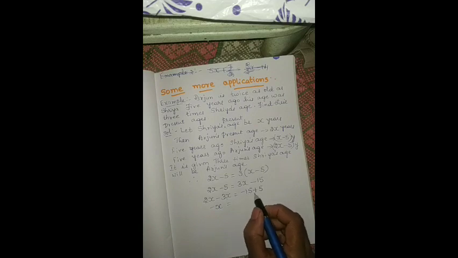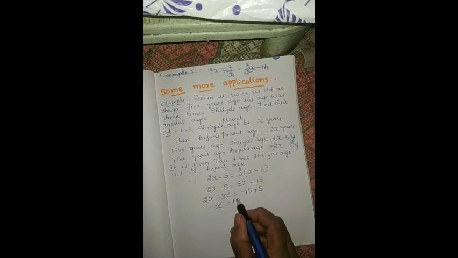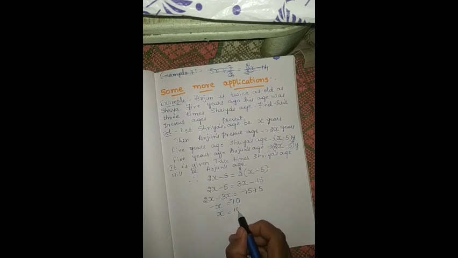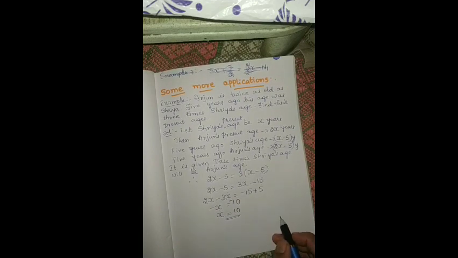Here also we have to subtract the smaller number from the bigger number. So 15 and 5 subtracted, we get 10. But the bigger number's sign is minus. So on both sides the sign will be cancelled, isn't it? Minus minus, on both sides it will become plus, isn't it? So x is equal to 10.